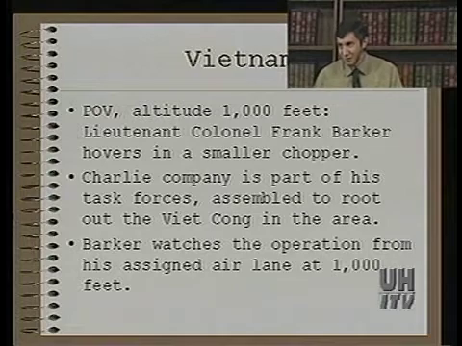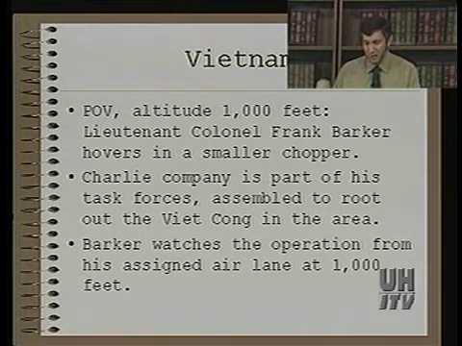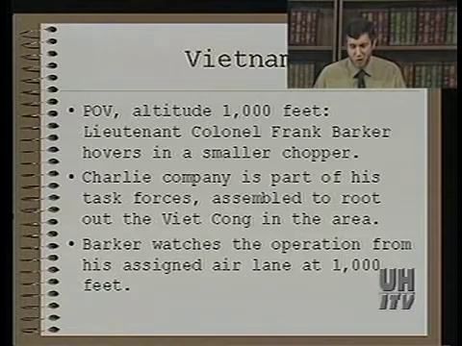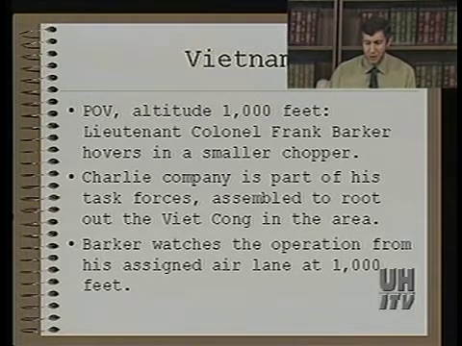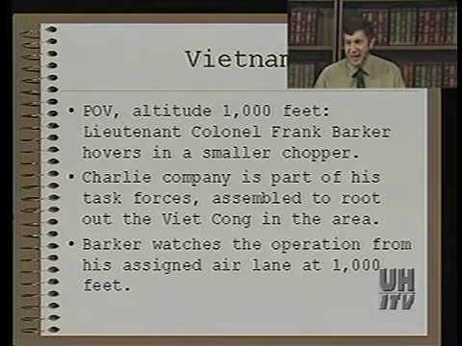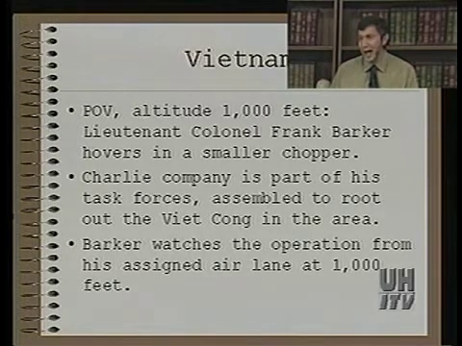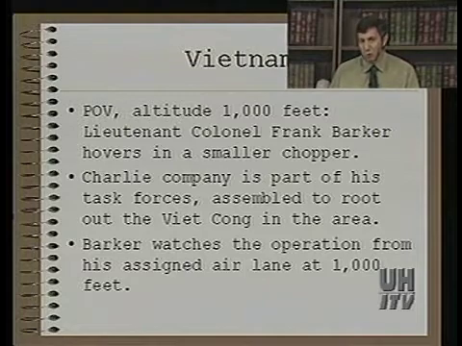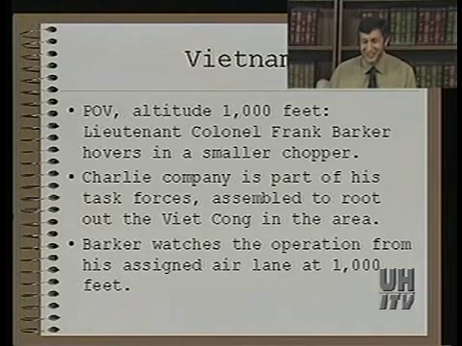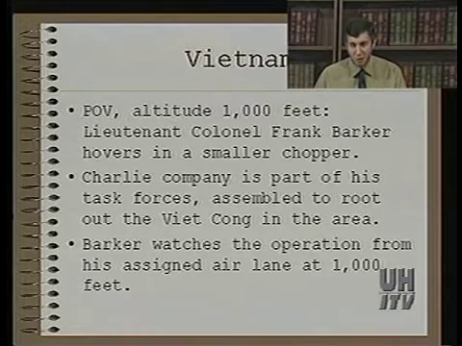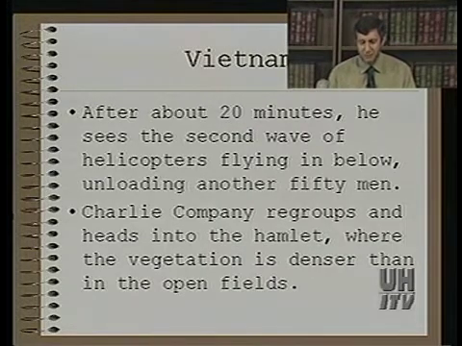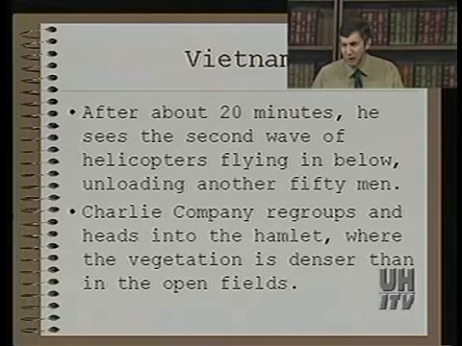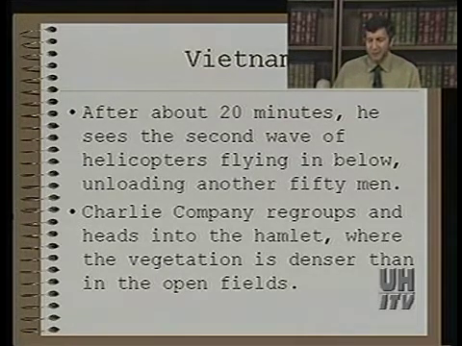Let's go up 500 more feet to 1,000 feet up. There, Lieutenant Colonel Frank Barker hovers in a smaller chopper. Charlie Company is part of his task force, assembled to root out the Viet Cong, the pro-North Vietnamese South Vietnamese, in the area. Barker watches the operation from 1,000 feet up. After about 20 minutes, he sees a second wave of helicopters flying in below.